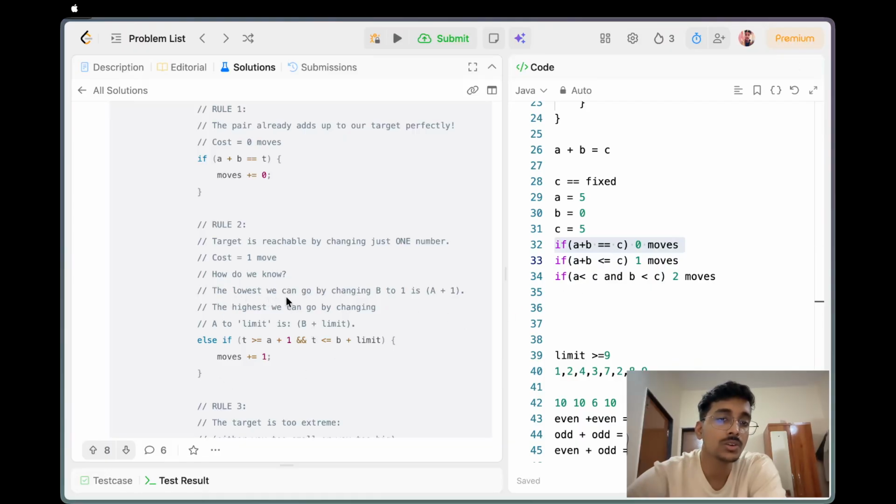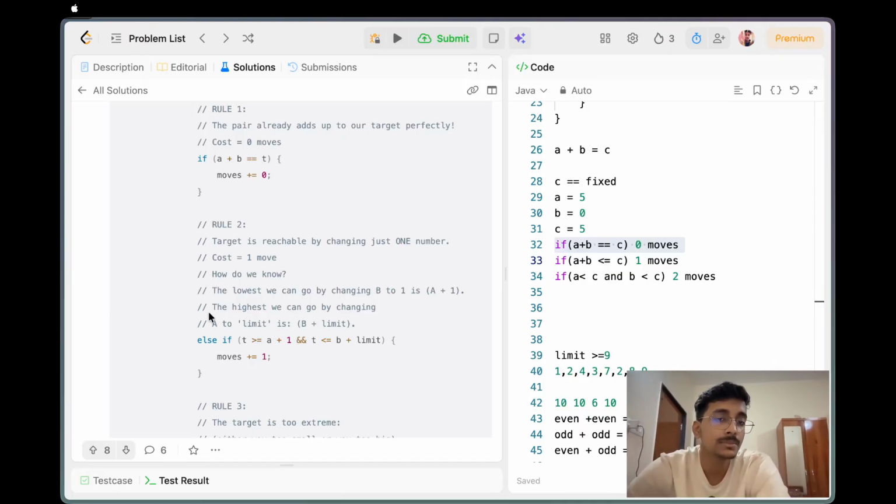The lowest we can go by changing B to 1 is A plus 1, and the highest we can go by changing A to limit. Okay, okay. Either we change B to 1, so the sum is A plus 1, or else we go to the highest.